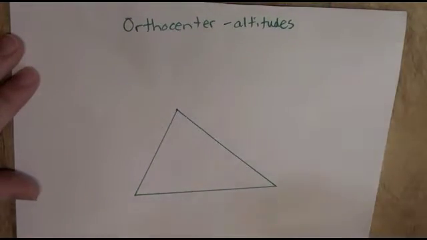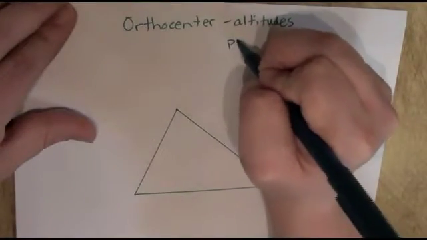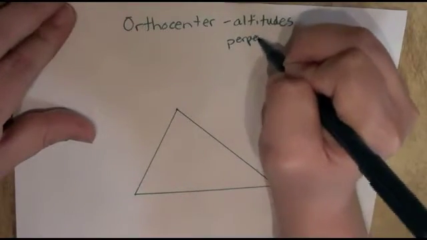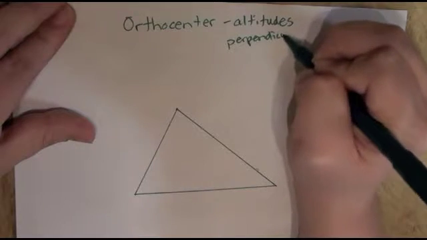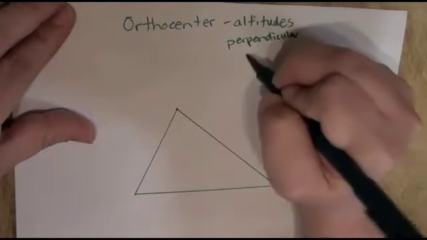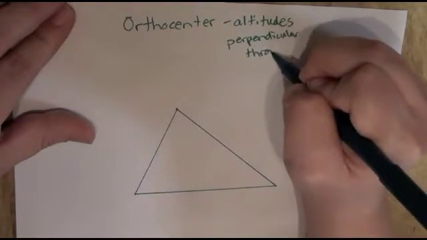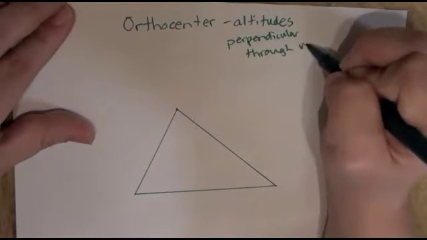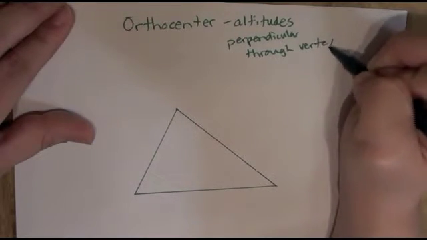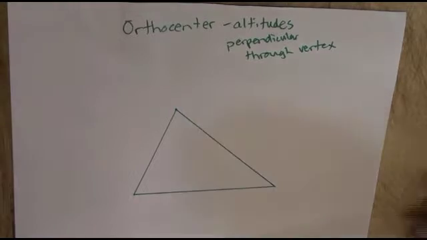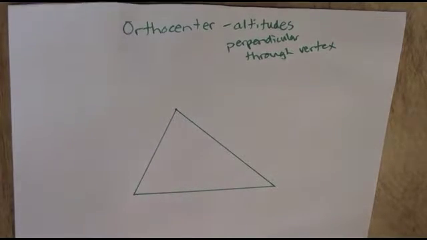Now the trick with the altitudes is that it's actually a perpendicular line through a vertex. So if you're having trouble constructing perpendicular lines through a point, please refer to how to construct a perpendicular line through a point on the individual construction.